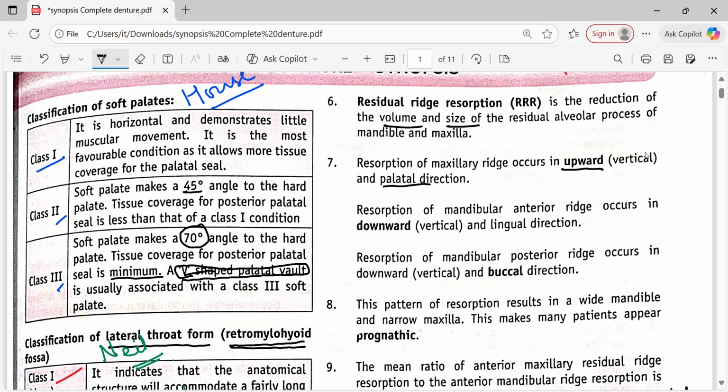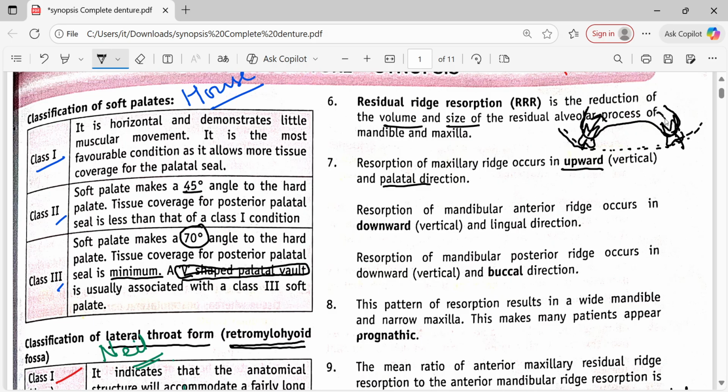Let's understand. Suppose you are looking at your maxillary ridge from the front. So this is your maxillary ridge, and your natural teeth will be like this. These are your molars. If you see, this is your Wilson's curve. Now, if you remove these maxillary molars, what will be the direction of your bone resorption?